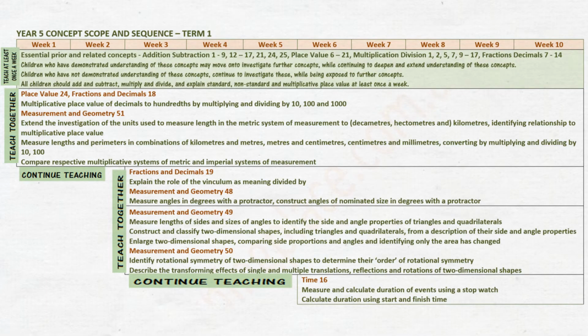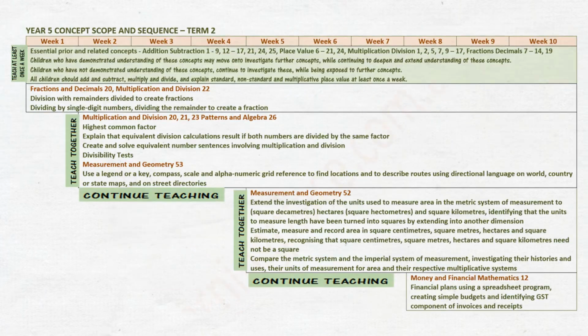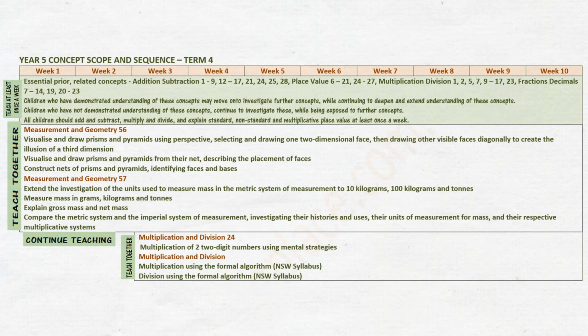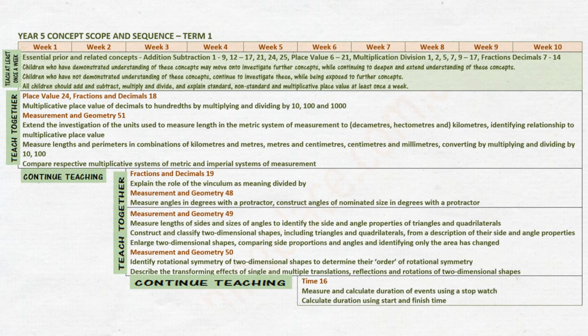Pages 2 to 5 contain a term-by-term sequence of concepts taught in Year 5. Each term presents essential prior concepts from the previous year and terms. Each term's scope and sequence is divided into weeks, with essential prior concepts being taught first and essential related concepts being taught together.